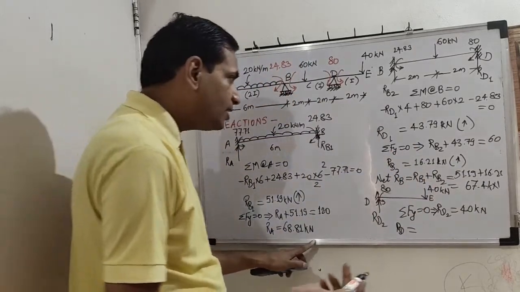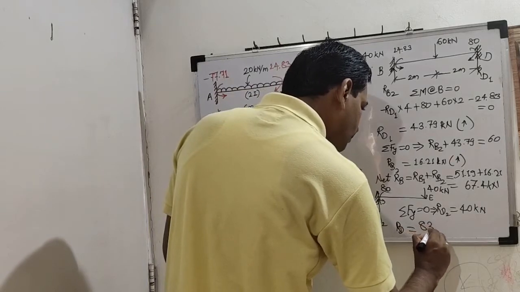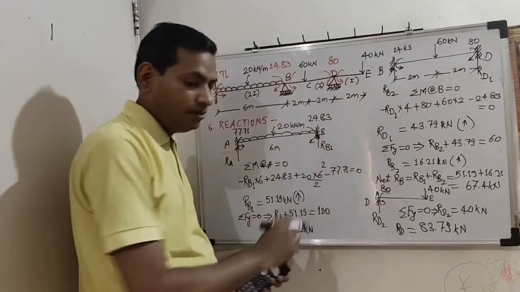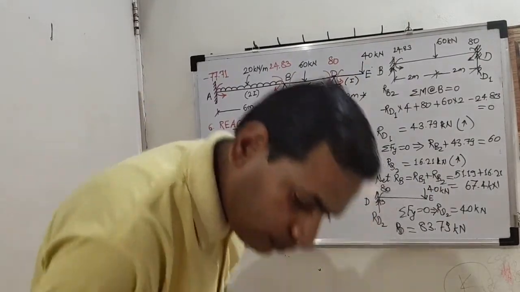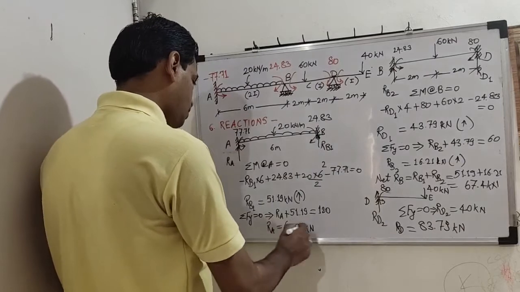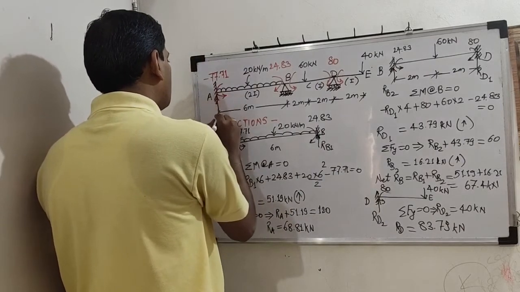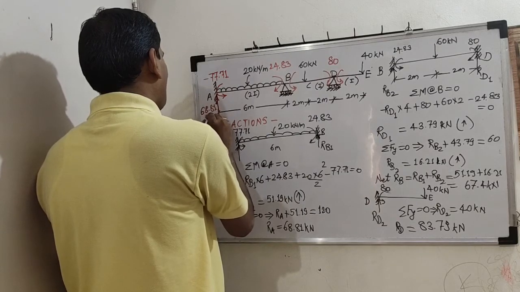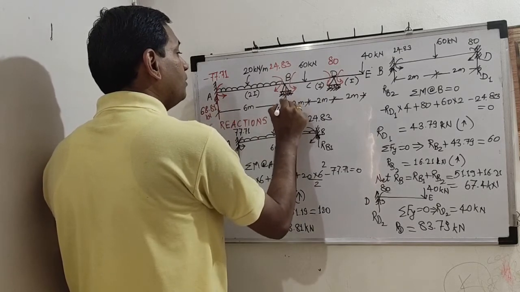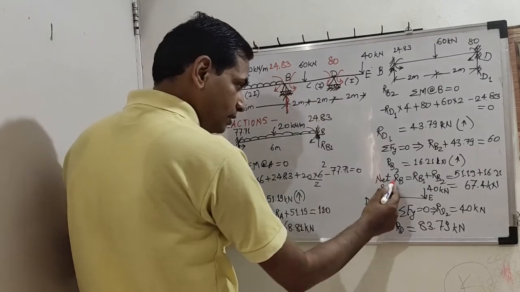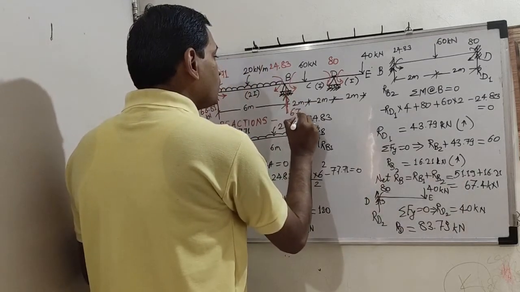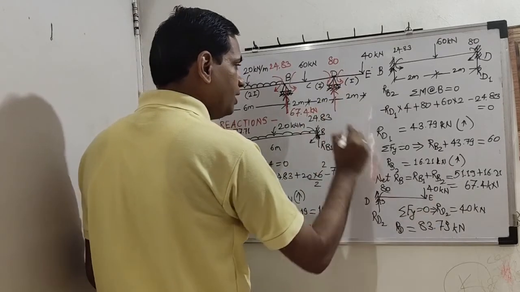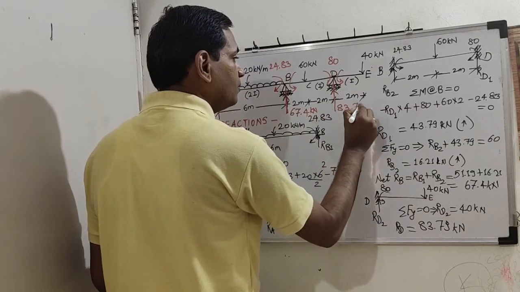So it is 83.79. Okay. So let us show these reactions here. 68.81 kilonewton. Net RB, what is net RB? 67.4 kilonewton. Net RD 83.79. Okay.